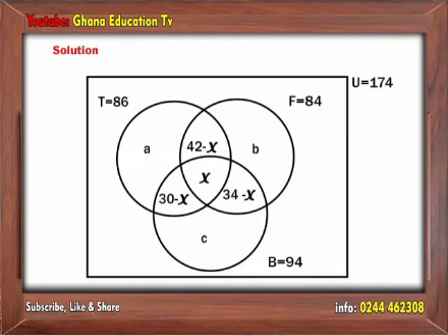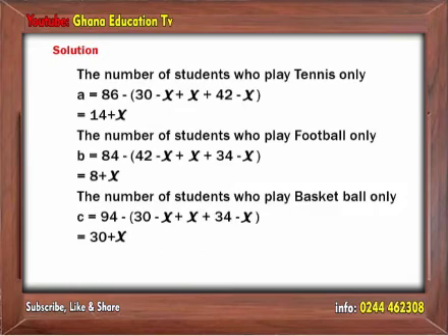So in filling the figures, we have U equals 174, F to be 84, that is football, tennis to be 86, we have basketball to be 94. So A, B, C equals those who play tennis only, those who play football only, and those who play basketball only.